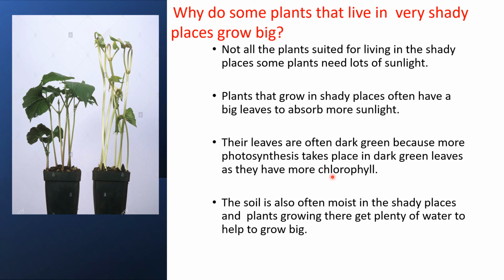So without photosynthesis, plants don't get all the food they need to grow healthy. Plants need three things to grow: water, heat and light. The soil is also often moist in shady places, and plants growing there get plenty of water to help them grow big.